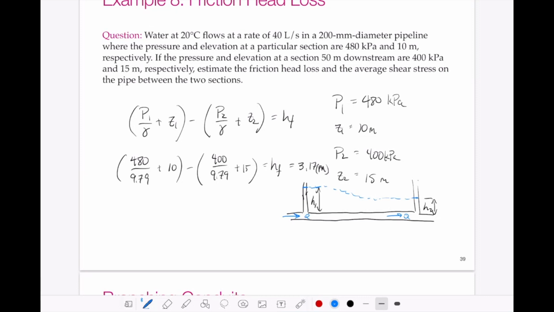So the next part of the question is to find the average shear stress, I believe. The average shear stress in the pipe.